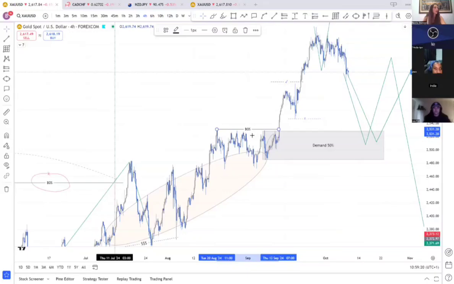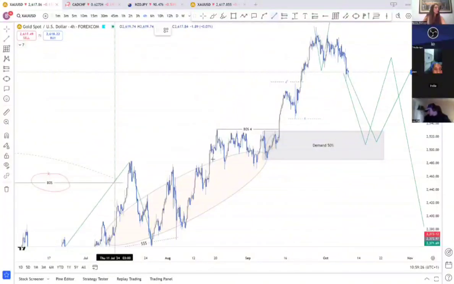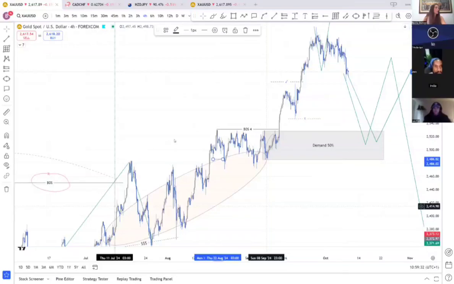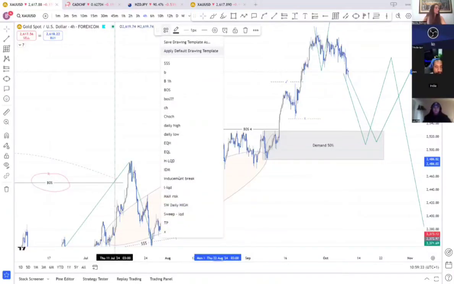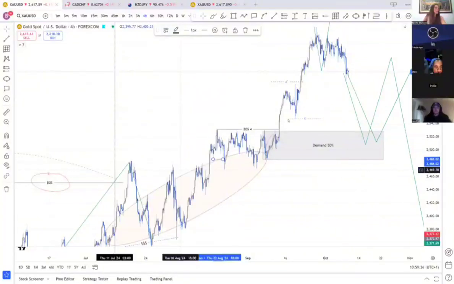Now we do have another inducement, because when we decrease the time frames, we definitely get more data, obviously. So this is the last inducement happened in 4 hours. I'm going to mark it as IDM so we can see the difference in between the inducement on daily.